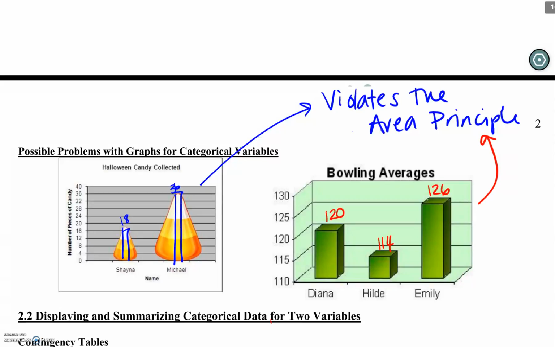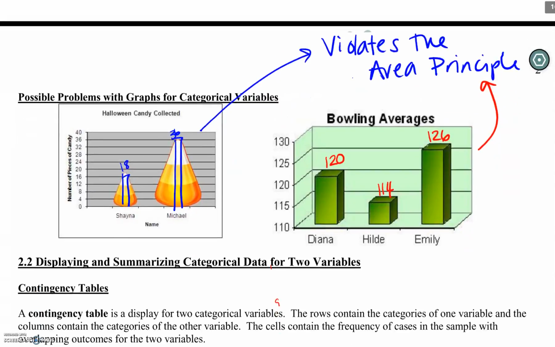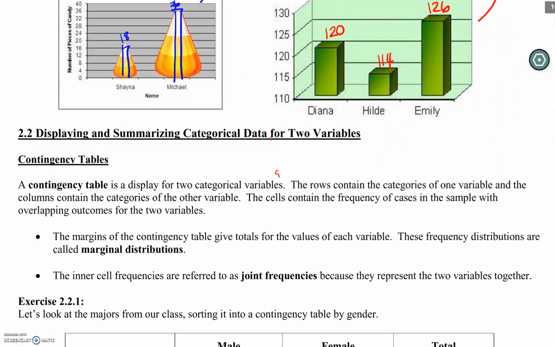Instead of using a cutesy candy corn, which, by the way, is something we need to be very much on the lookout for in the day and age of infographics. Everybody is taking their statistics, like, make this fun and nice, and they give it to a graphic designer who puts a candy corn in there, and now it violates the area principle, and it's not telling the right story. But this is something you see a lot. Here it's a truncated axis.